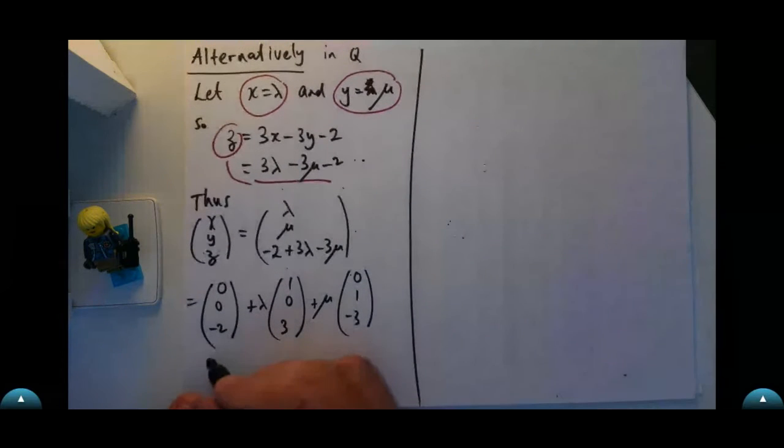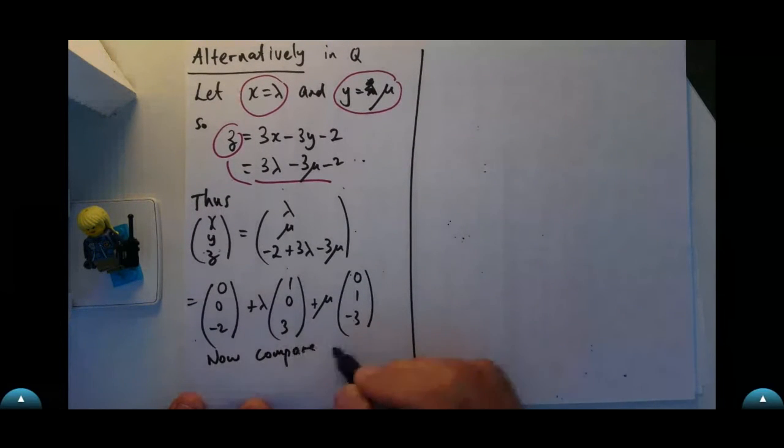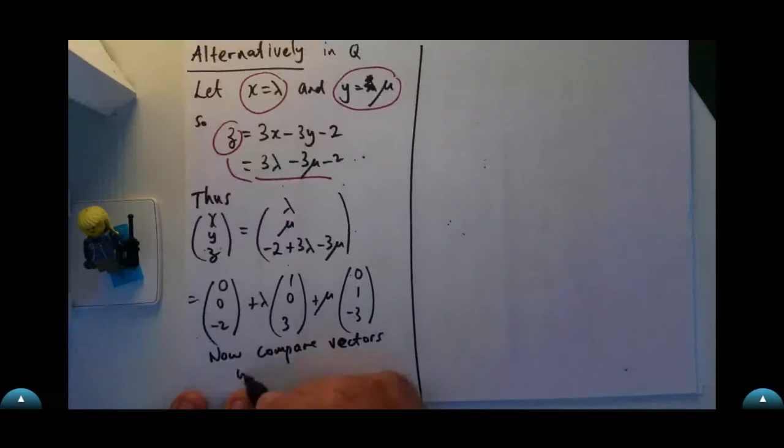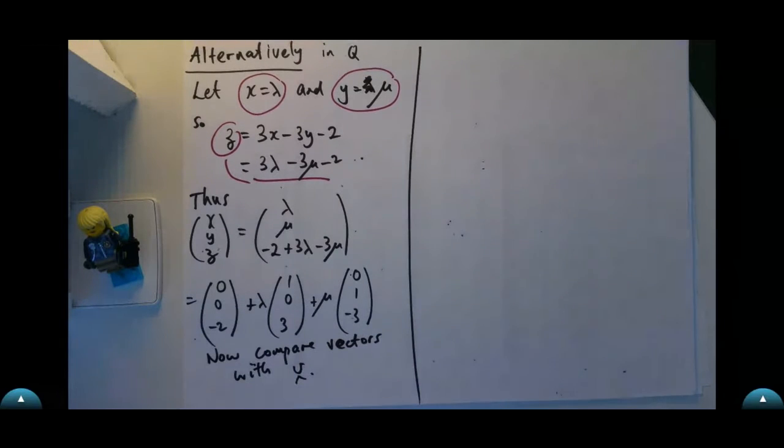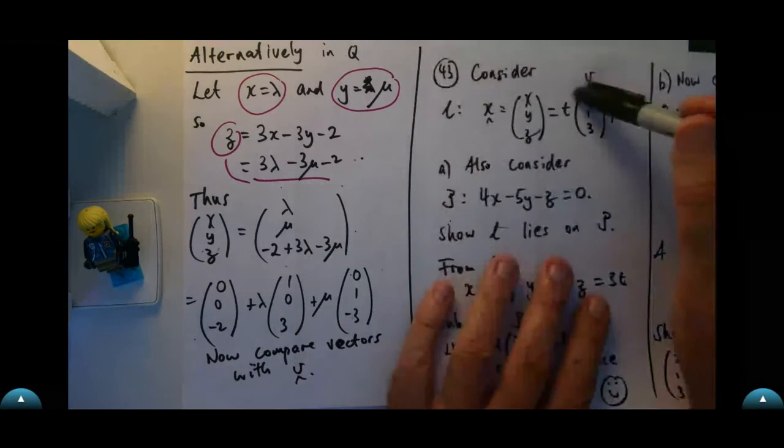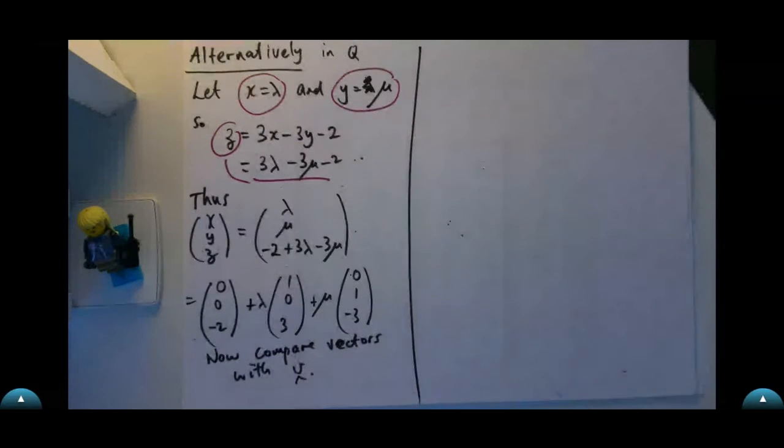Okay, and you want to show that these vectors are parallel to this vector v.